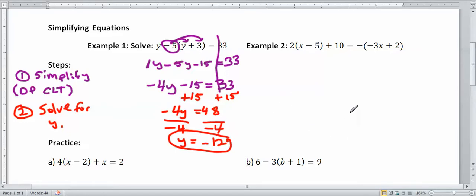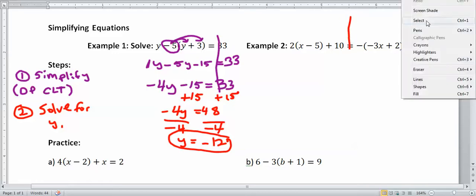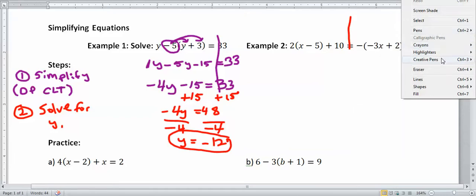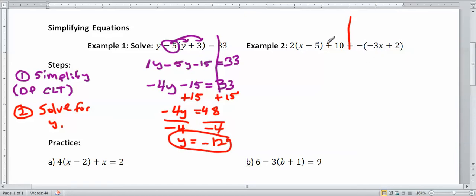For example 2, I want you to try it real quick. Pause the video and see if you can come up with an answer, and then match it to my work here in a second. The first thing you should have done is simplify both sides of this equation. Before, we simplified just one side, but I've got parentheses on both.